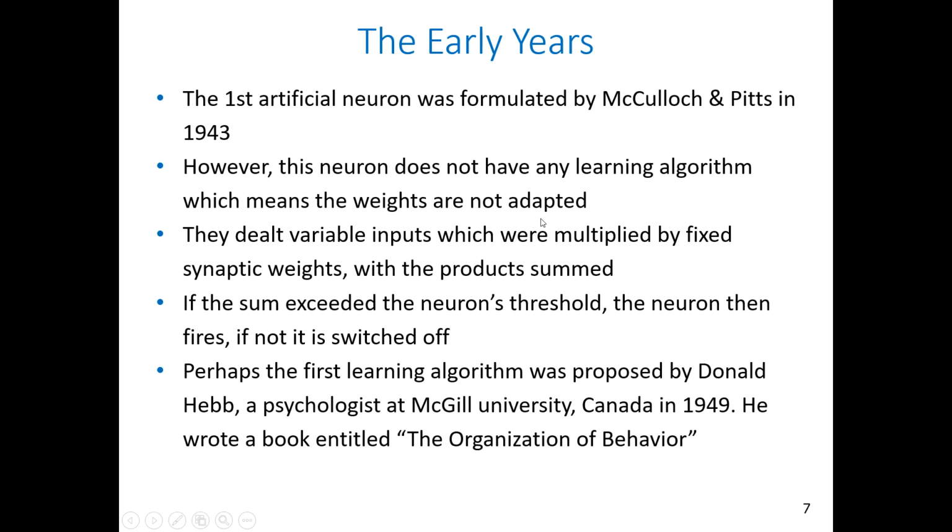So you have to set the rules according to the data, according to the problem, manually. They dealt with variable inputs which were multiplied by fixed synaptic weights with the products summed. If the sum exceeded the neuron's threshold, the neuron then fires. If not, it is switched off.